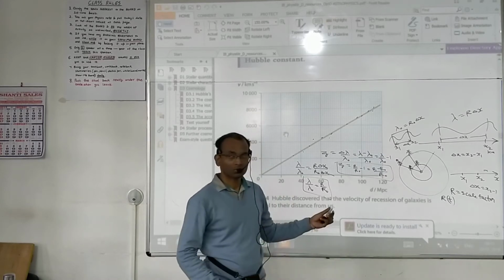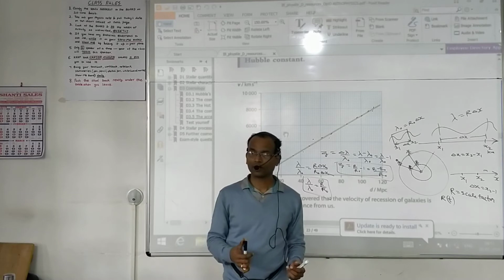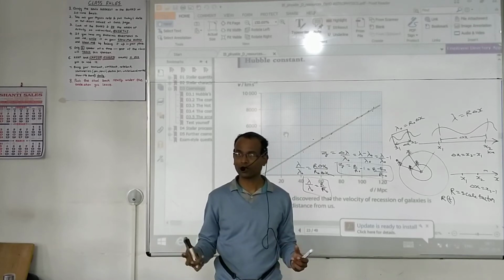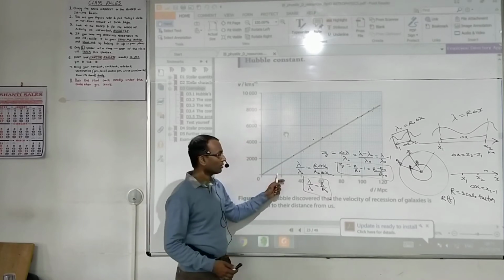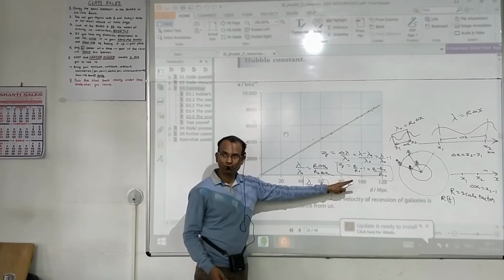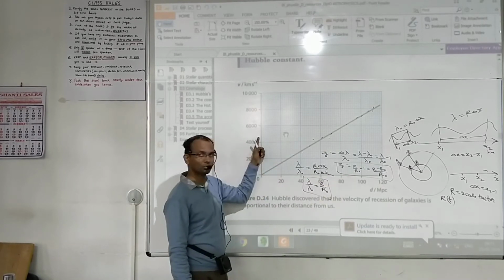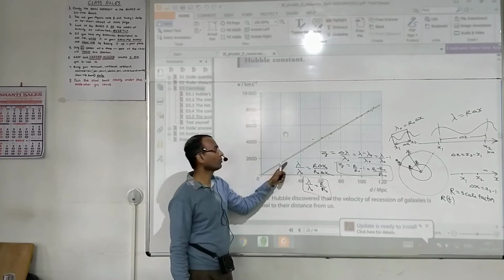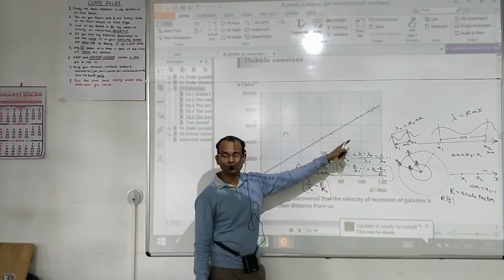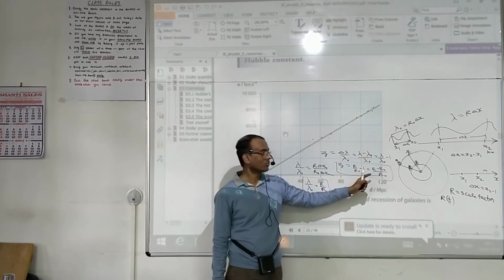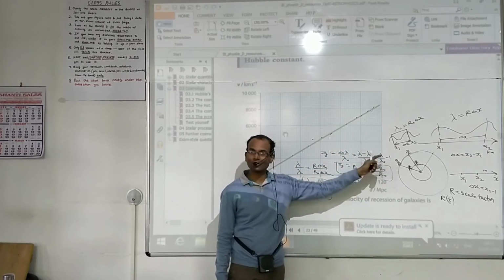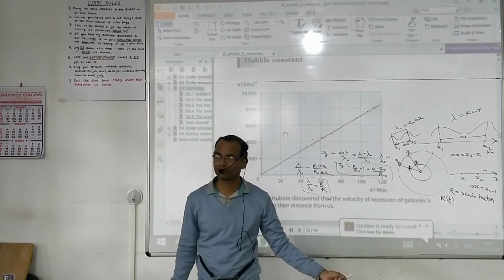But we also know that the universe is accelerating; the expansion rate is accelerating. And Hubble made a discovery that the more the distance of the galaxy from us, the faster it is going. So if you keep on increasing the distance, you will soon reach a stage where the speed reaches the speed of light, and if you go even further, you will reach speeds greater than light.